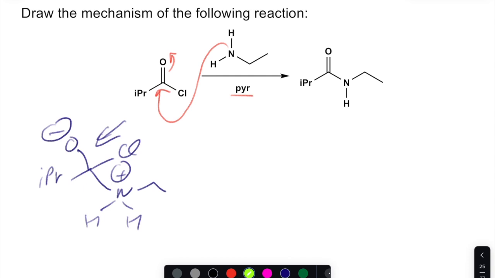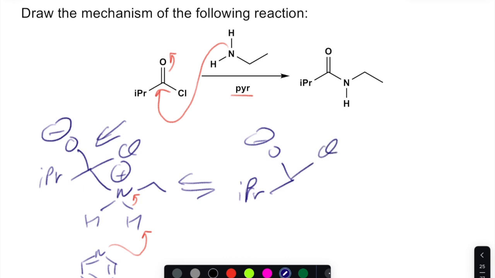Now we're going to use our pyridine, so I'm going to draw that out. That's our nitrogen center like this, and we will pick off one of these protons. That can just give us our acid-base reaction, giving us our isopropyl, our O-, chloride, and our NH with our two carbons still attached.